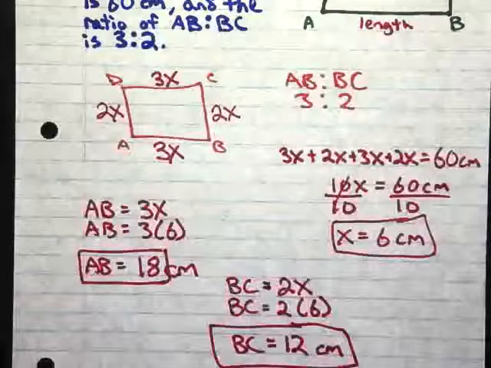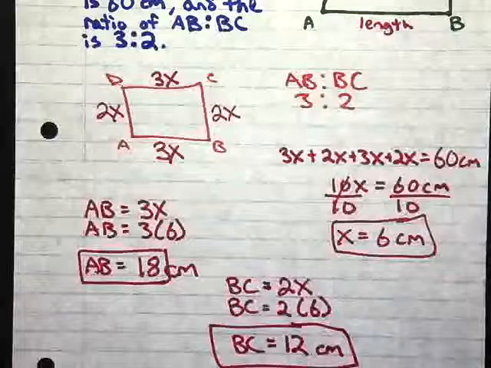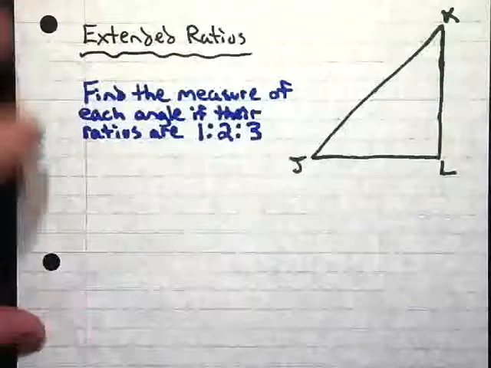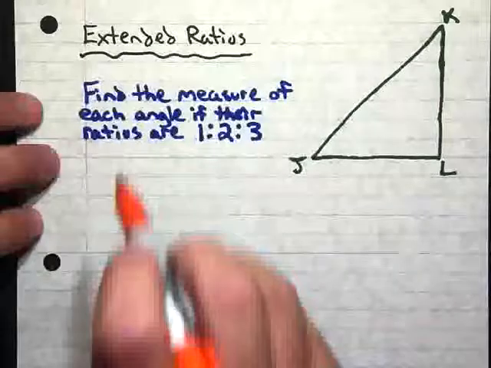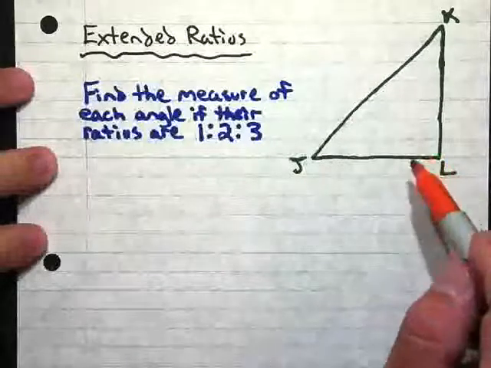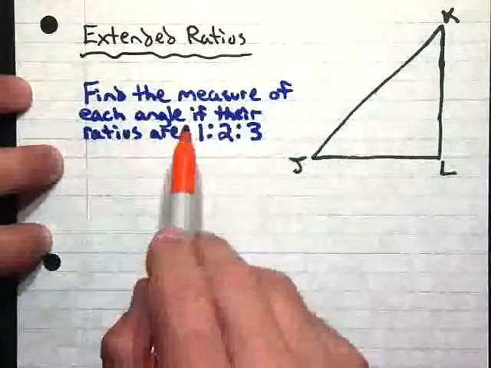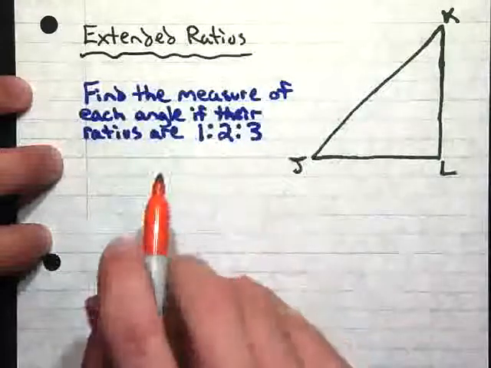All right. So let's go ahead and take a look at what's called an extended ratio. For this, we're given a triangle, JLK, or JKL, however you want to say it. We want to find the measure of each angle if the ratios are 1 to 2 to 3.